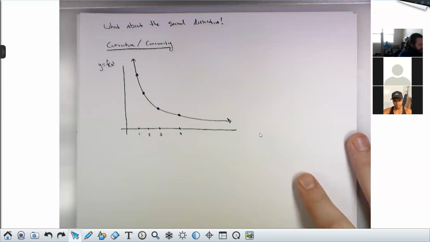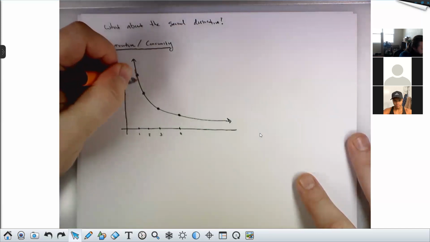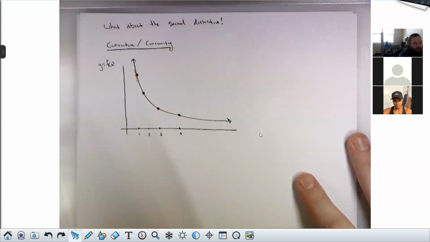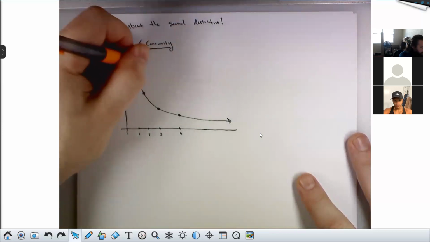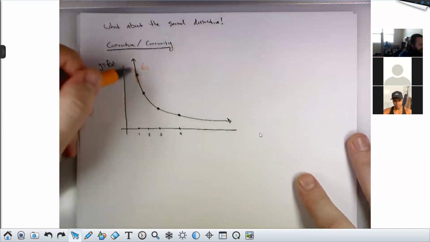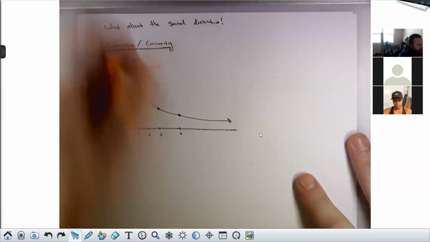If I look at the graph of f here, the tangent line looks something like this. So I would estimate that f prime of 1 is clearly negative, and it's pretty steep. Let's say that's like negative 3.